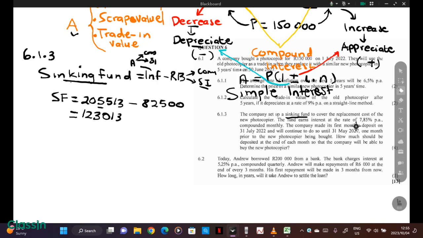Now they say that the fund earns interest at the rate of 7.85% per annum compounded monthly. But this now, our sinking fund is compounded monthly. It means that the M is going to be 12.